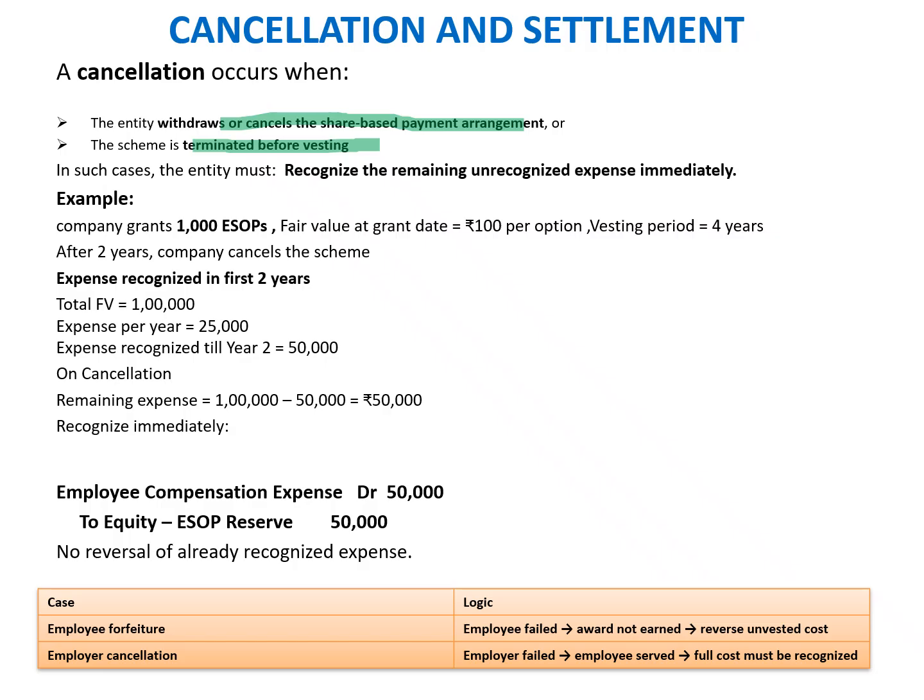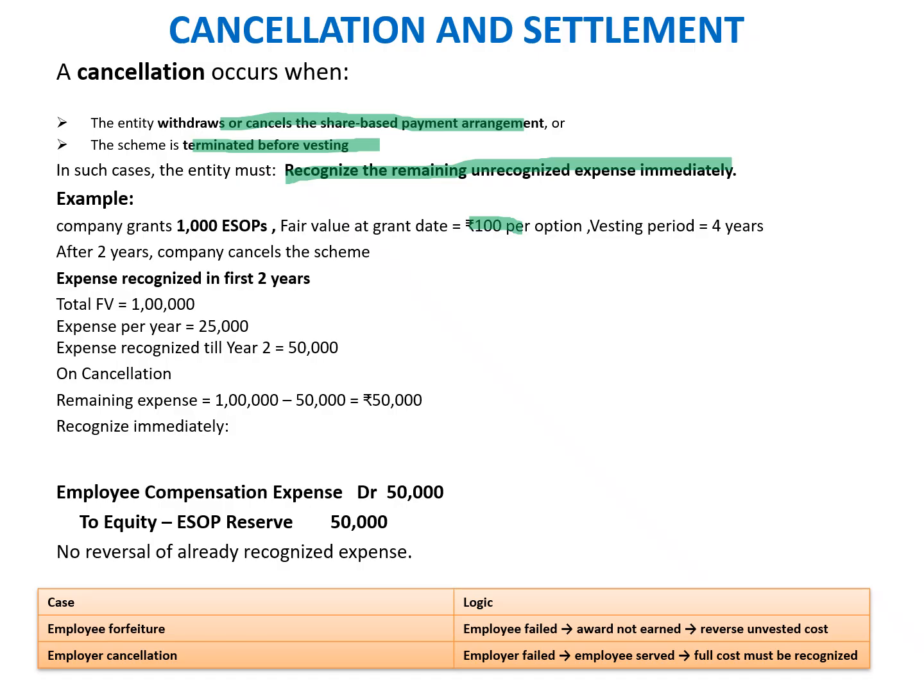For example, the vesting period was 4 years, and after 2 years the entity does the cancellation. What is the treatment? We have to recognize the remaining unrecognized expense immediately. Example: the company grants 1000 ESOPs. Fair value at the grant date was 100 per option. Vesting period was 4 years. After 2 years, the company cancels the scheme.